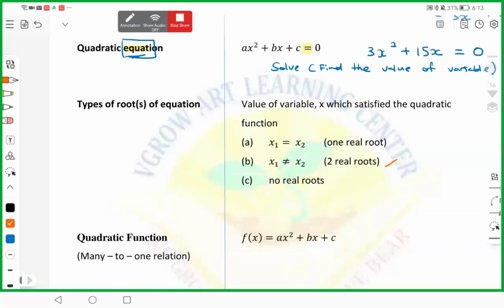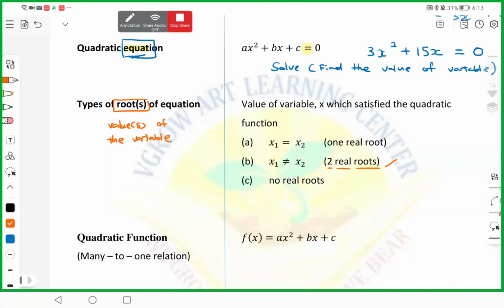We have two different answers. So in this case, we call it two real roots because we have two values of x, values of the variable.